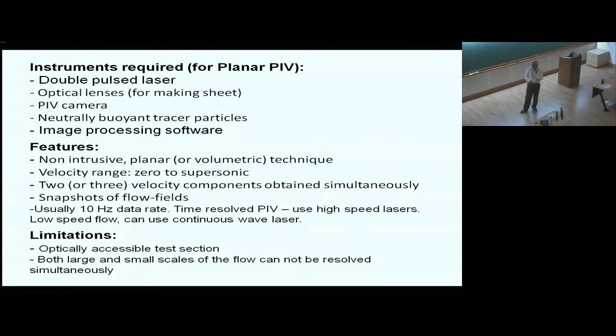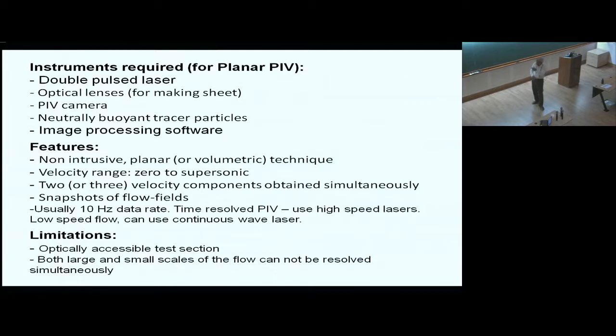A few pixels will become an interrogation window, and that will determine the size. So that's why it becomes hard to get both large scale and small scale. Supposing you want to resolve the Kolmogorov scales, then you need to zero in on a very small window. So the whole viewing window itself will be very small. Then you lose out on the large scale features.